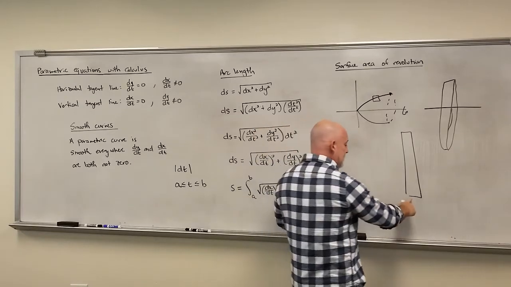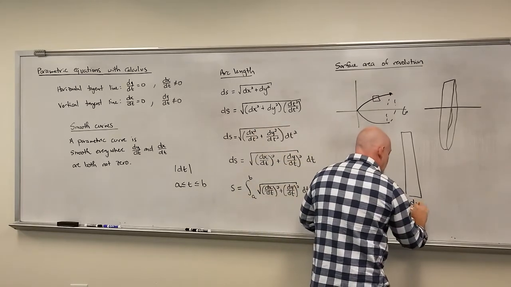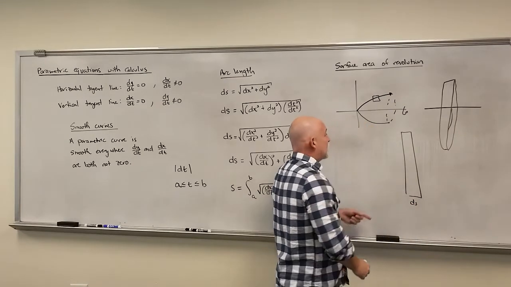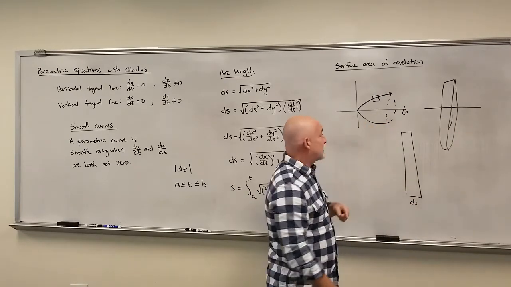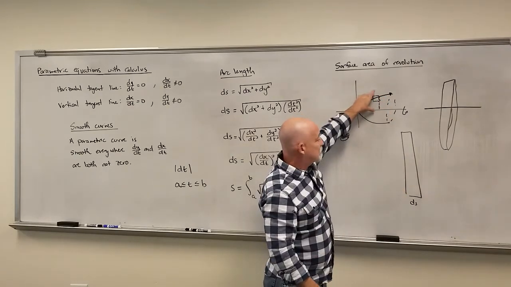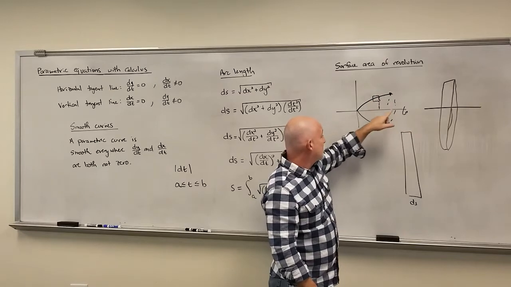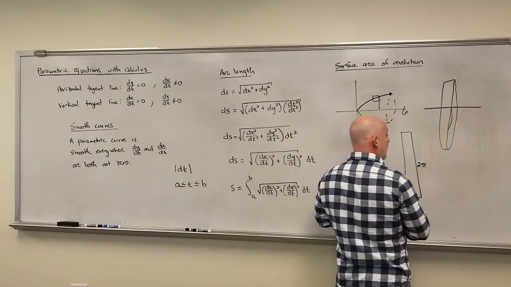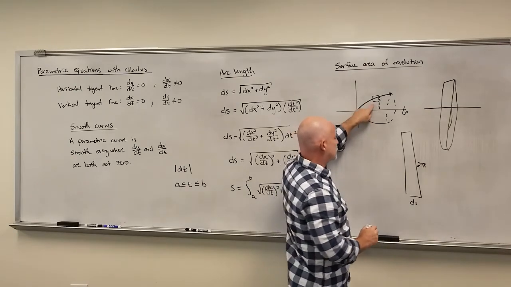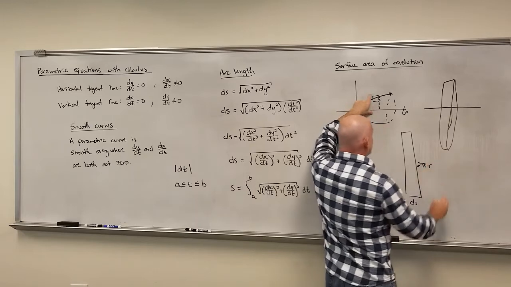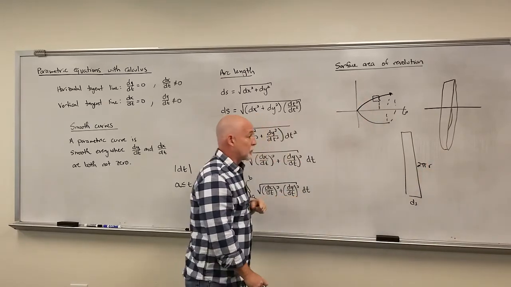We saw that this side was a small piece of the arc length, so we called that a little piece of ds, and this was the circumference of that circle, which was defined by the distance away from the axis of rotation. So we know the circumference is 2 pi r, that radius, and if we're going around the x-axis, that would be whatever x of t or y of t.